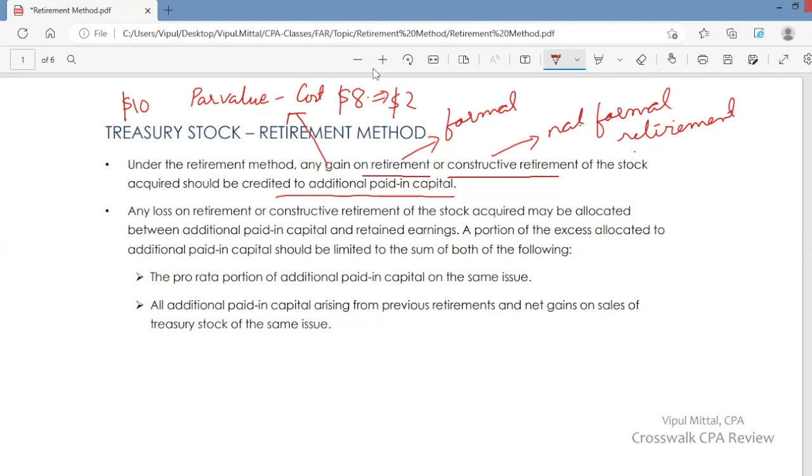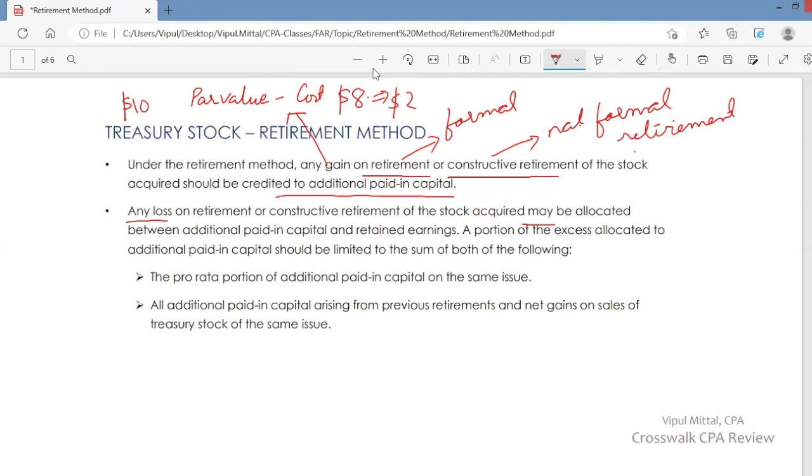When you buy shares of your own common stock and retire them, there may be a loss. Any loss on retirement or constructive retirement of the stock acquired may be allocated between additional paid-in capital and retained earnings. So you have an option to allocate it between additional paid-in capital and retained earnings.